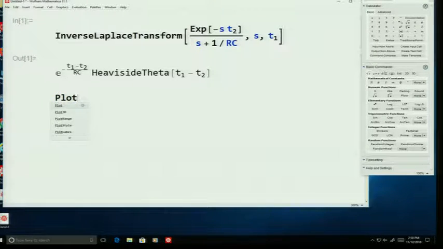So let's plot that with respect to T1. We're going to let T1 vary from minus infinity to plus infinity.